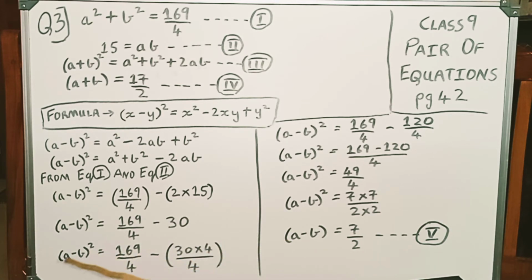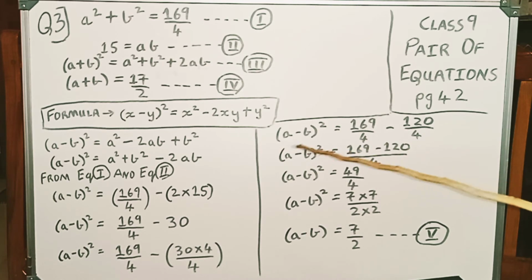So you will get the equation (a minus b) the whole square. This you have to take as it is. 169 divided by 4 also as it is, you have to take down. Minus symbol also you have to take as it is. 30 into 4 divided by 4. So what is 30 into 4? It is 120, divided by 4.